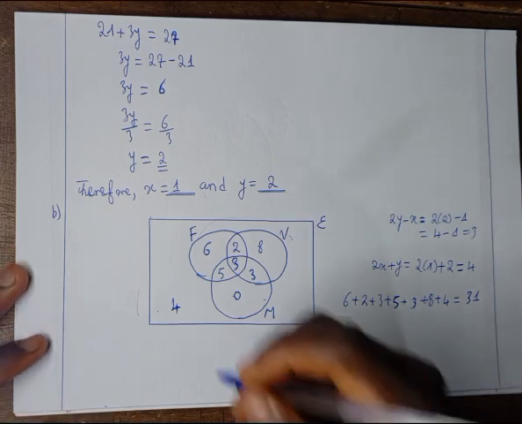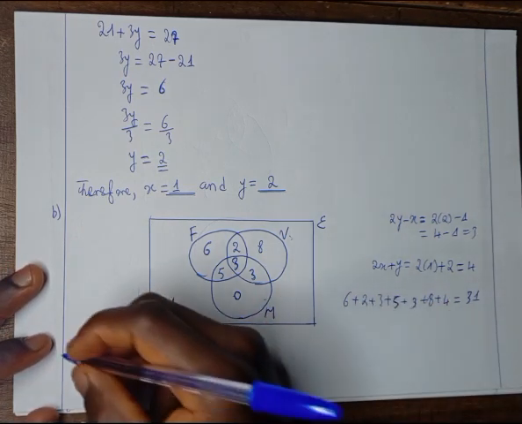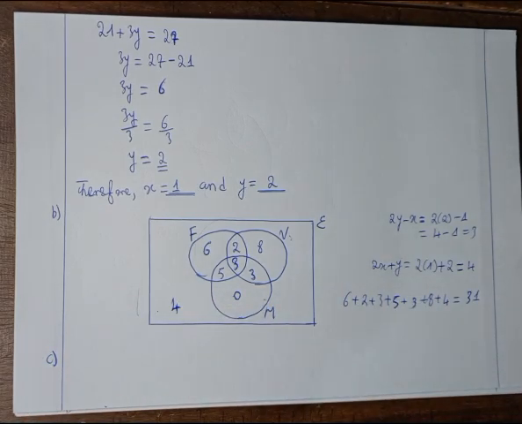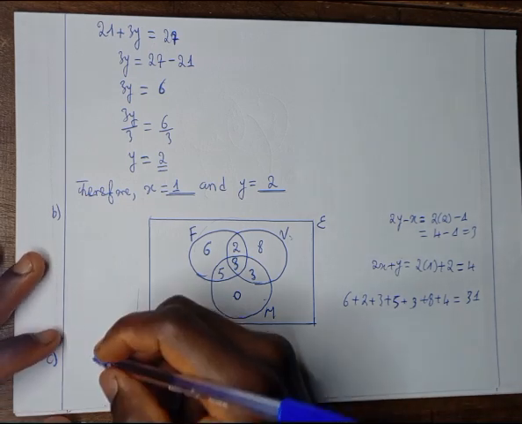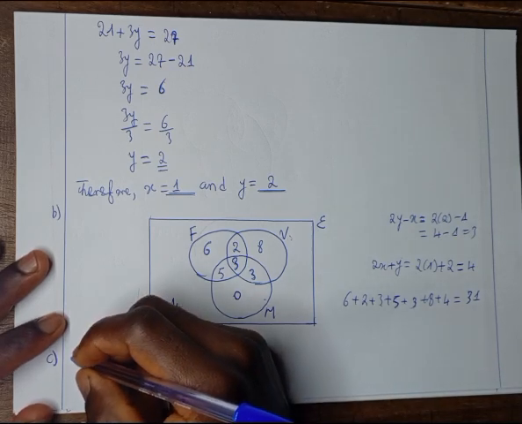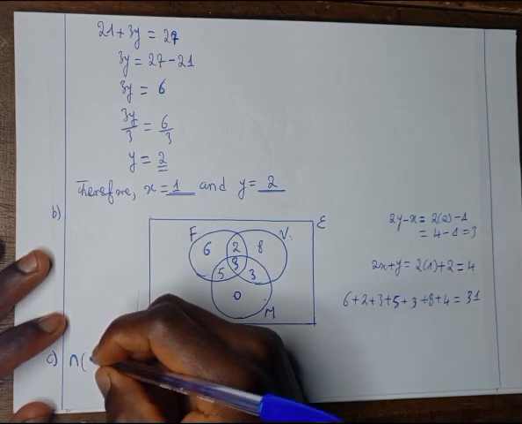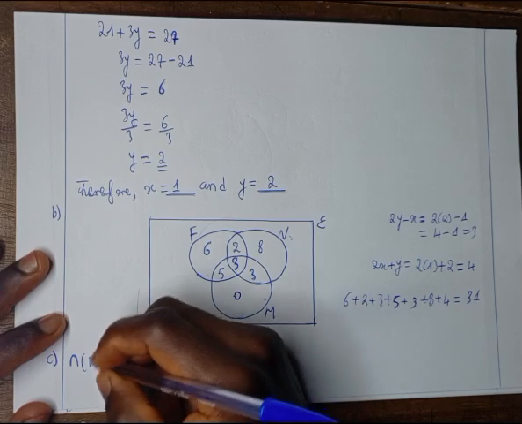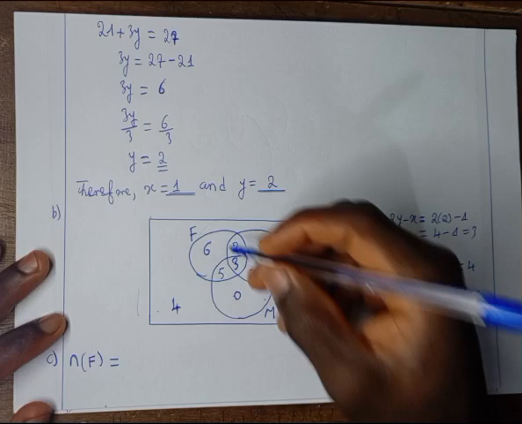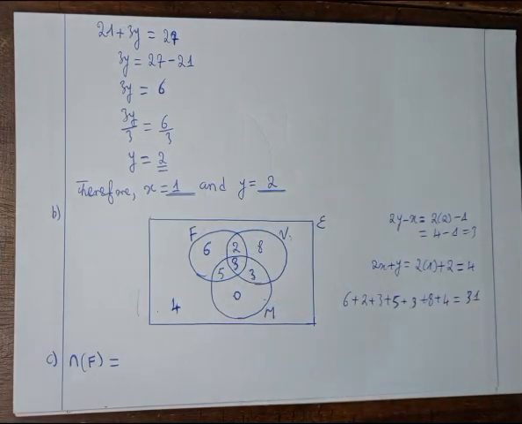Now let's go to question C. It says from the Venn diagram, determine the number of times the patient ate fish. N of fish will simply be equal to, here this 6 simply means the number of times the patient ate fish only.